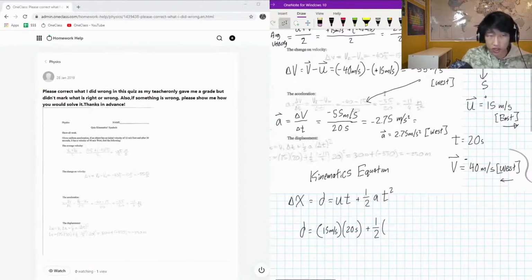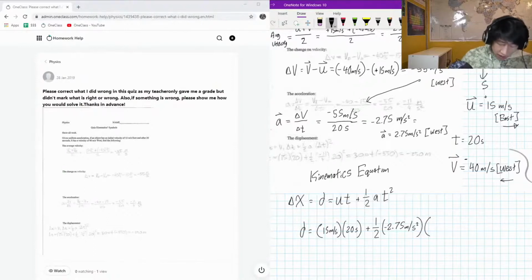In the previous question, we calculated it to be negative. That's very important. It's negative 2.75 meters per second squared, multiplied by t squared. And t is 20 seconds, but we have to square that. So 20 times 20 is 400.